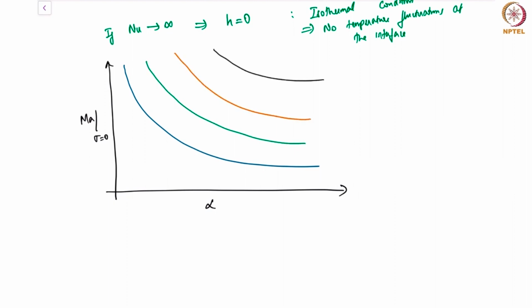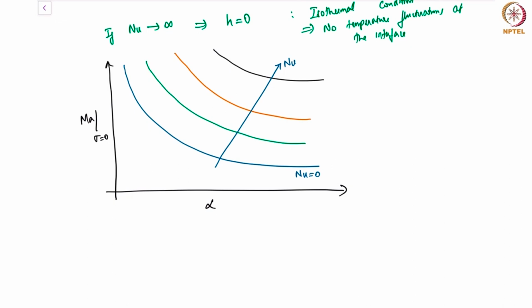The lowest curve that is possible, the most unstable curve, you would expect to occur for Nusselt number equal to 0, and this would be the direction of increasing Nusselt. As Nusselt number goes off to infinity, the entire region in this stability chart, that is for all values of Marangoni number and all values of wavelengths, the flow is completely stable.